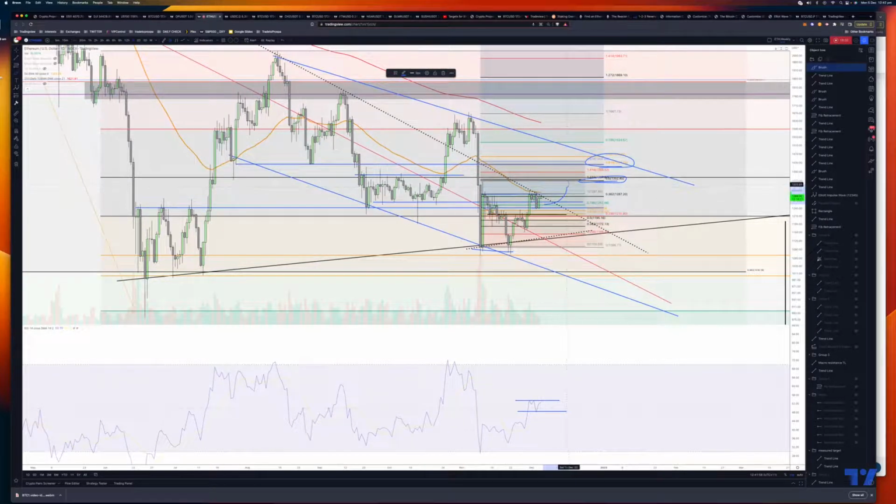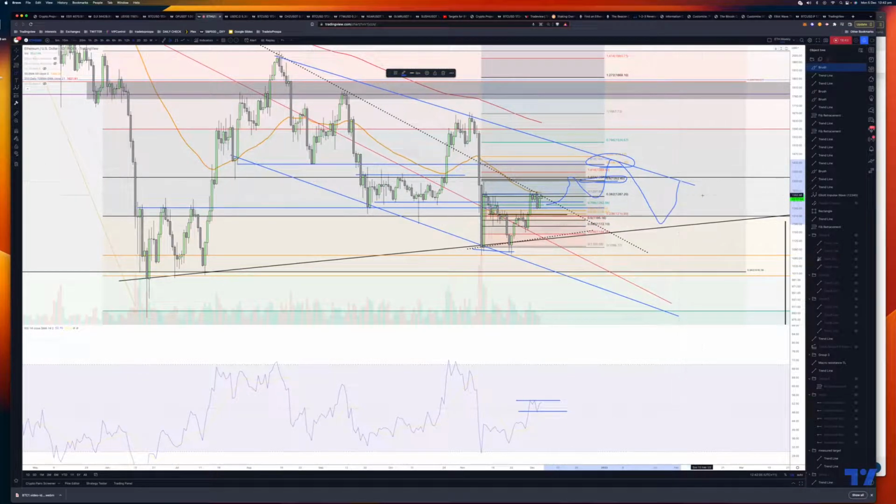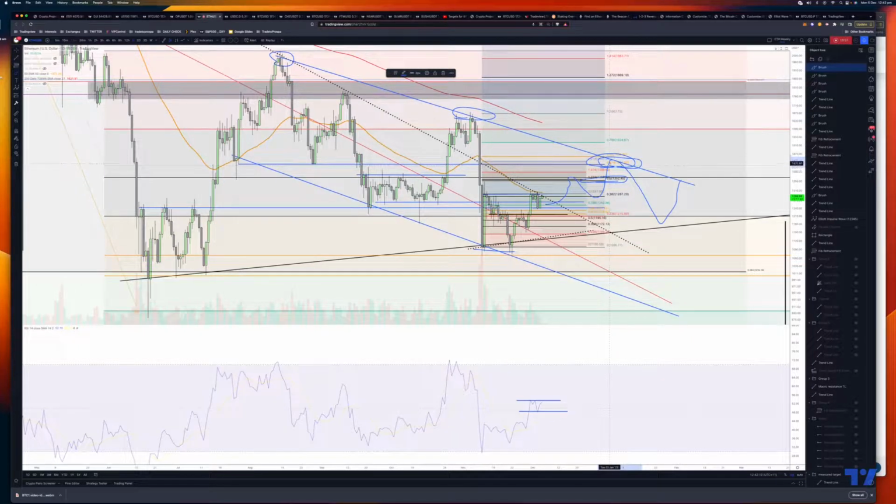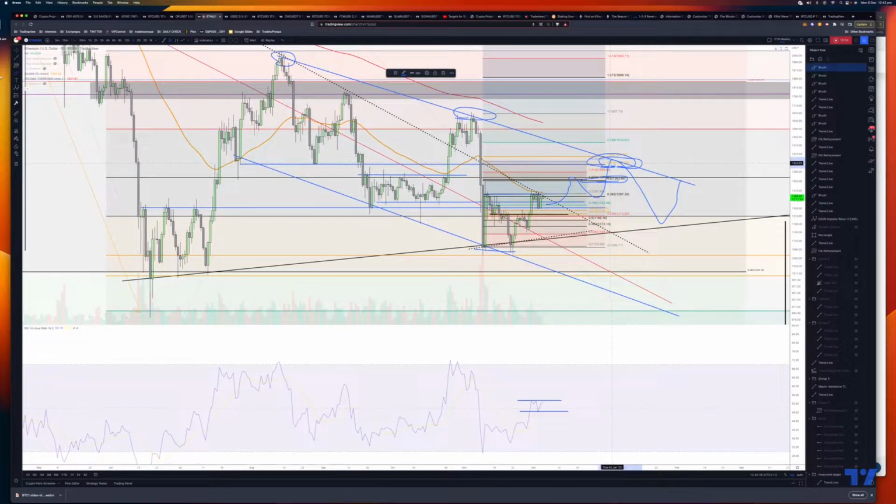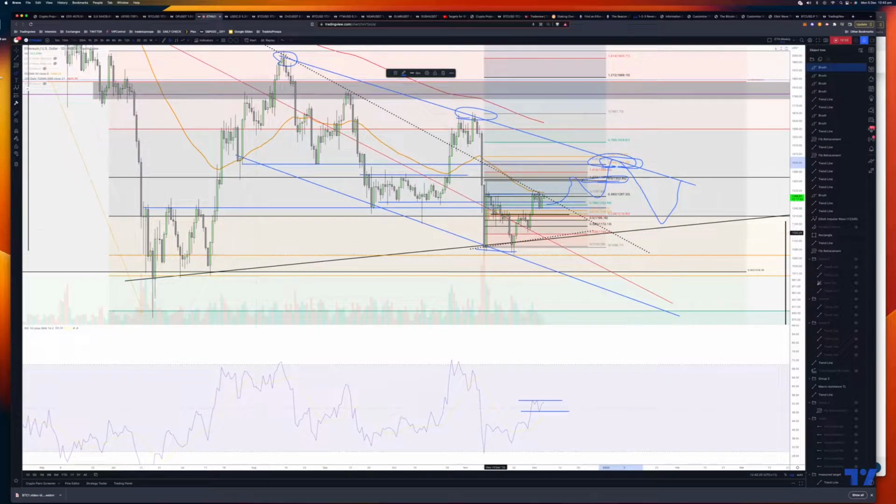I think we're going to break above it and then come back down. And this is where it's going to be really hard to work out. That's our first touch, second touch. This could be our third touch, which is about 1400, and then we'll come back down.